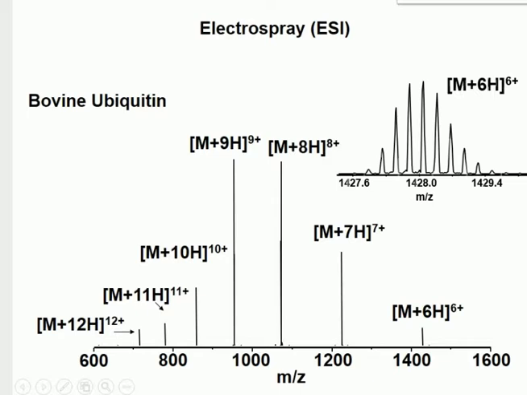So that's why it looks different. The spacing here is 1/6. If we looked at this peak here, if it's 12 plus, the spacing would be what? 1/12, yeah, exactly.